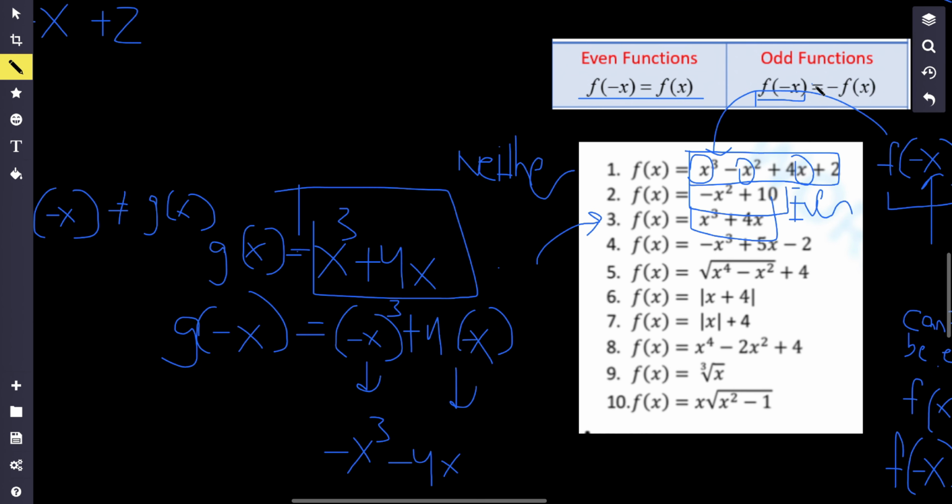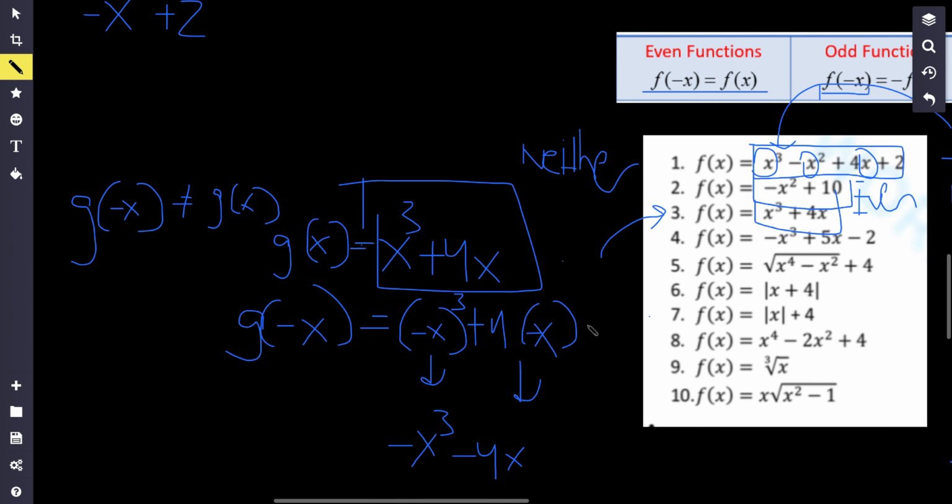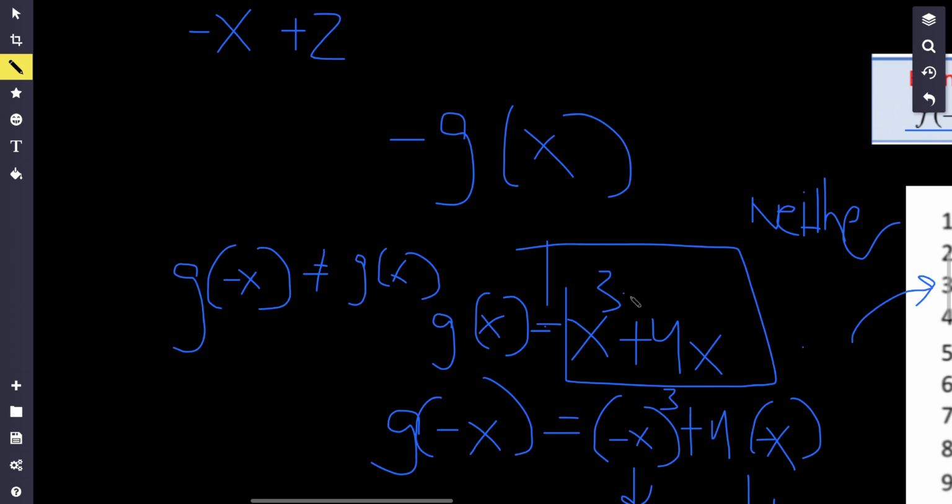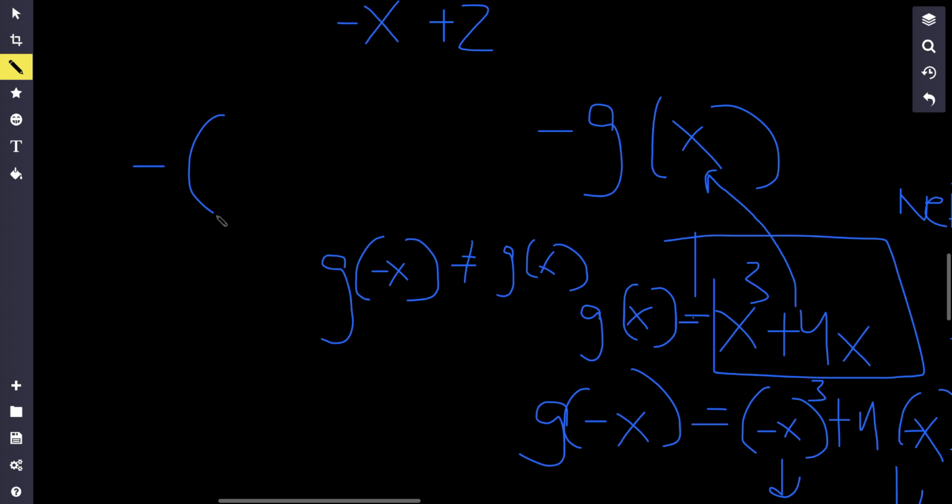Is this function odd though? Well, what's negative of g of x? Well, we know g of x is equal to x to the third power plus 4x. So let's substitute that in here. So we have negative of x to the third power plus 4x.